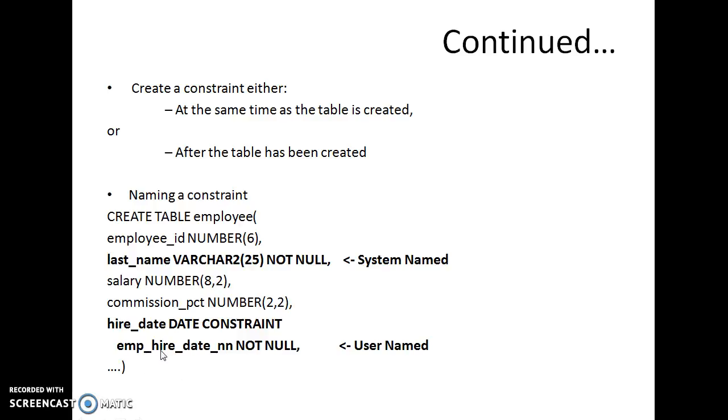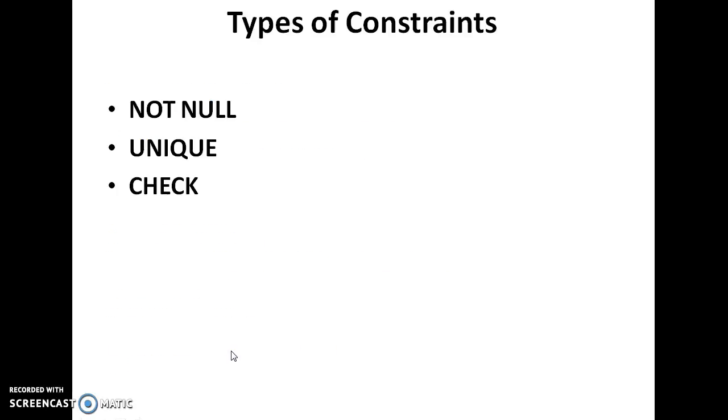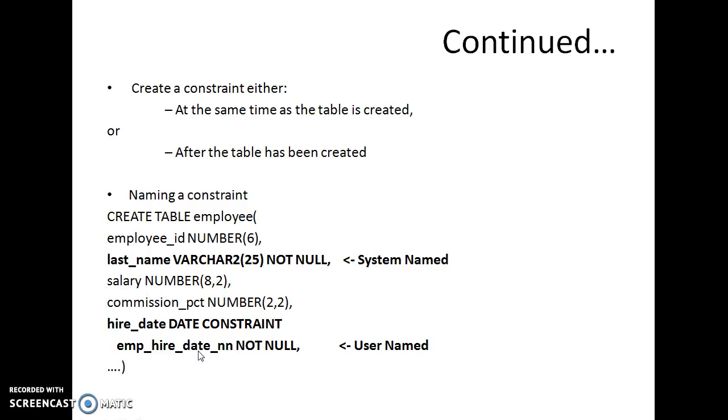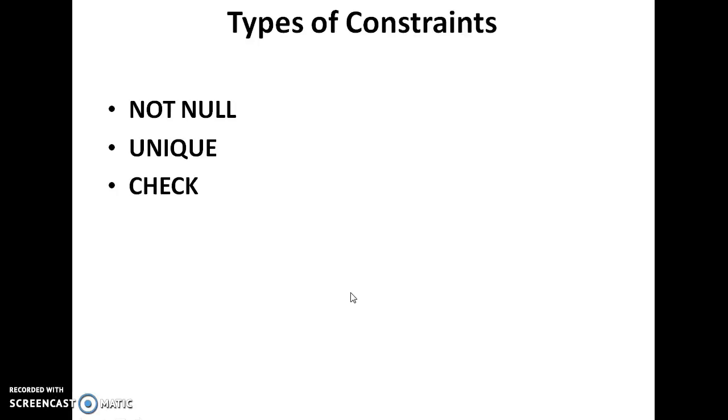This emp_hire_date_nn is a constraint name. It is a user-named constraint, whereas for last name the name is not specified by the user, so it is named by the system. But it's good practice, and beneficial, for the user to provide a name for the constraint.